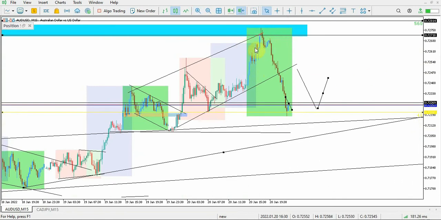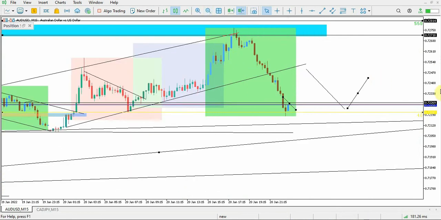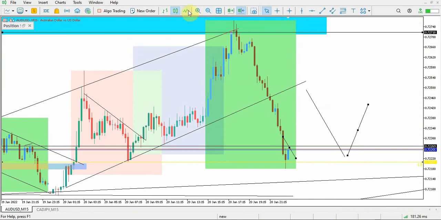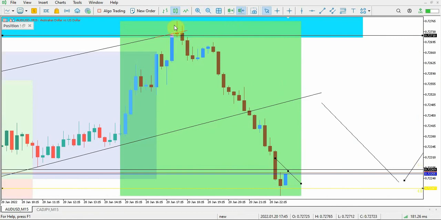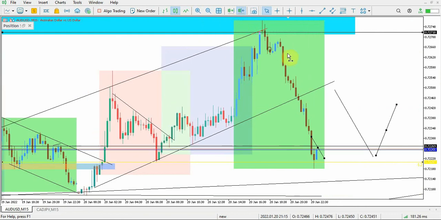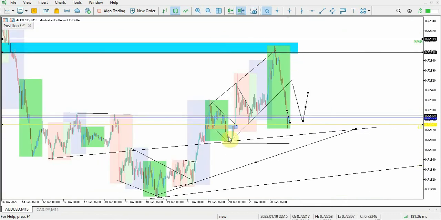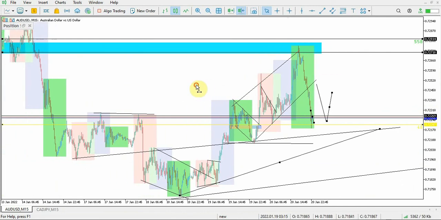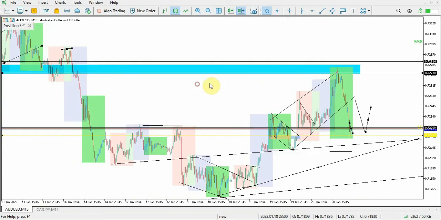Looking at the London close, a couple of candles after the London close, we had a very beautiful heavy rejection candlestick, and soon after that price just went straight to the downside. We had that morning star type of candlestick, that huge rejection, and I really like that. Another thing, we had this pattern right here: first touch, second touch, third touch, and price started moving to the downside. So this was a pretty nice trade, straight to the point.